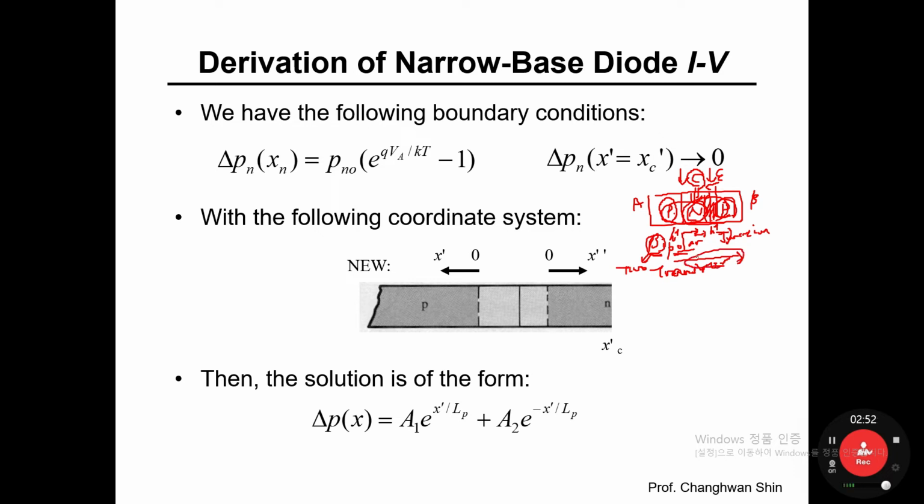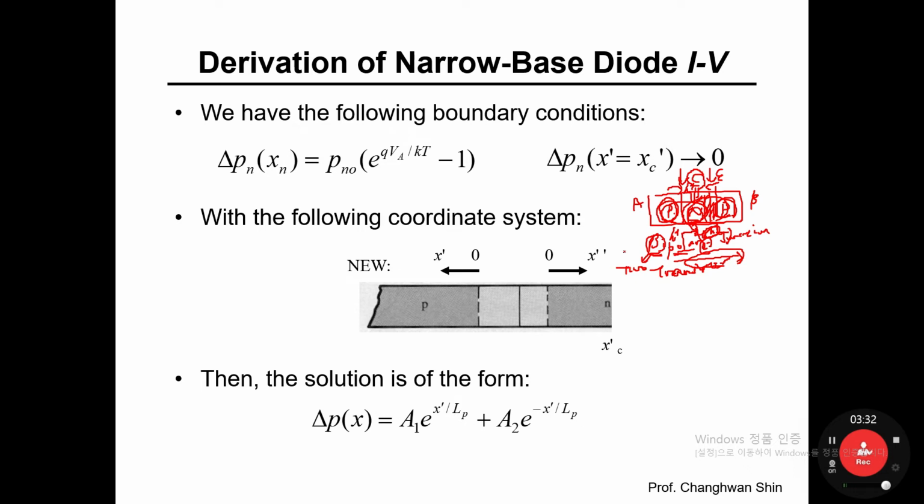This current flow is governed by how many holes can stay alive. Being alive means these injected holes from the first P should not recombine with the electrons in the N side, in the middle of the P and P. So it depends on how many electrons the N side can supply to recombine with the holes injected from the P side on the left-hand side.